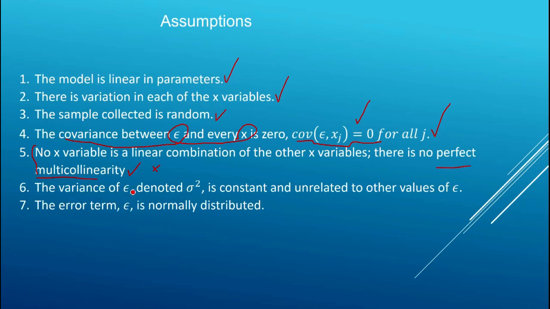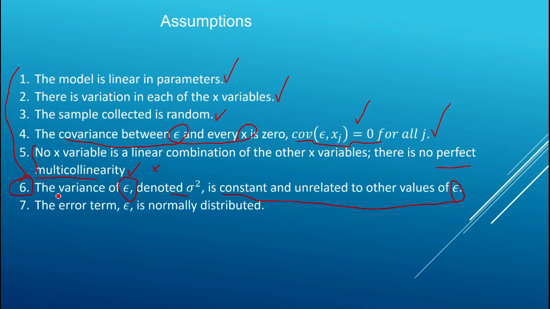The variance of E, again, is going to be denoted sigma squared, and it's constant and unrelated to other values of E. That's what I called before, that fancy word, the homoscedasticity assumption. We're going to assume that that continues to hold. If 1 through 5 hold, your estimates are unbiased. It might be okay for prediction or something. If 6 also holds, not only is OLS unbiased, you also have that ordinary least squares is best linear unbiased.